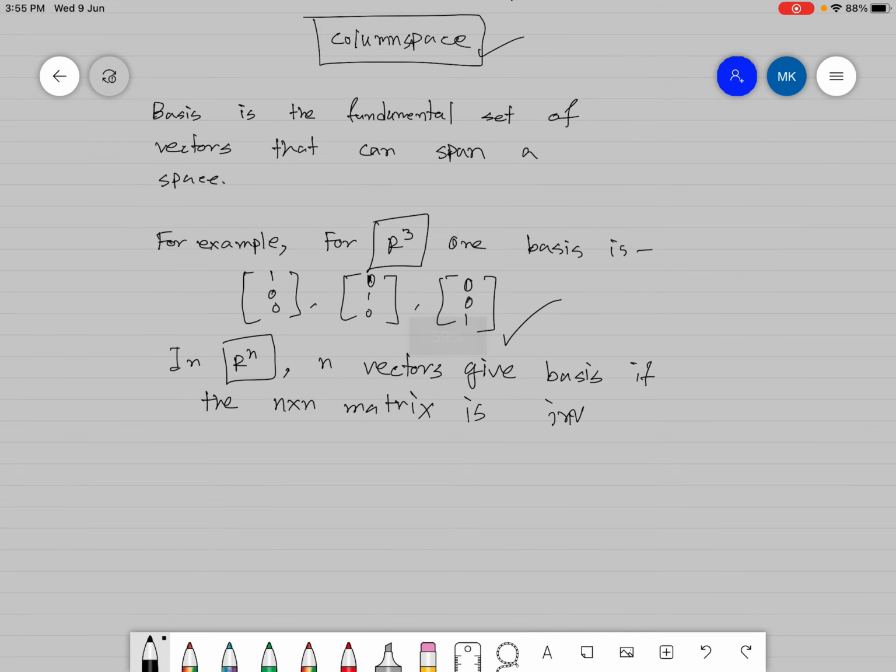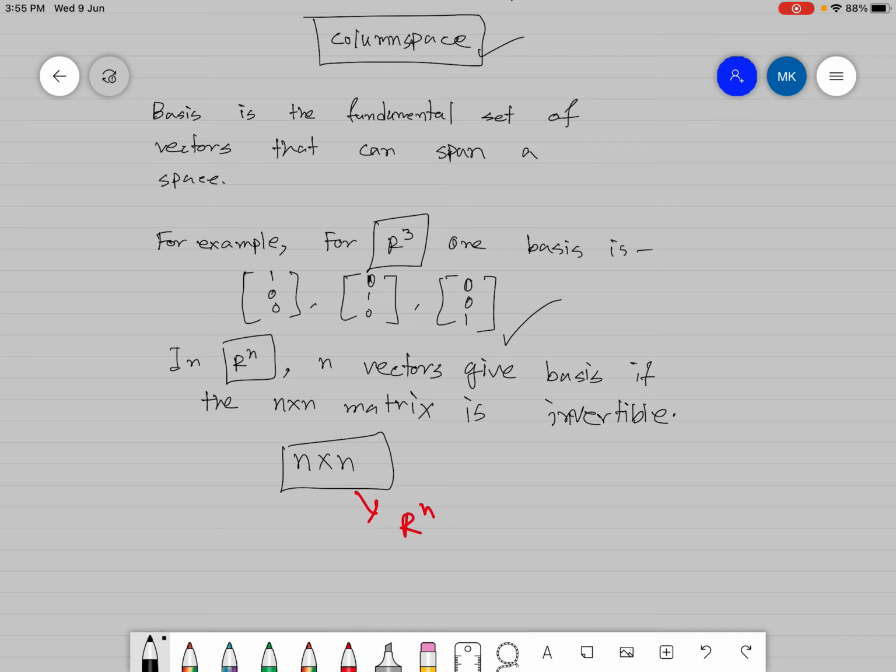What I wrote here is that suppose you have an n by n matrix, then the column space of that matrix would be Rn if this matrix is invertible. That means all the columns of that matrix are in fact independent.